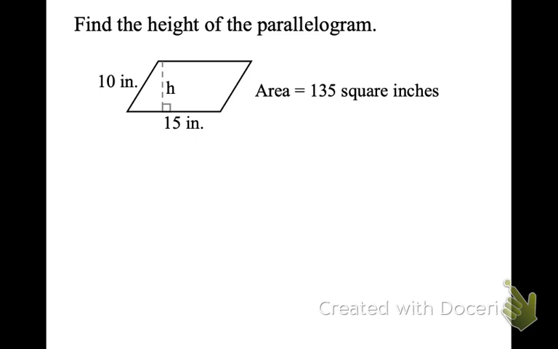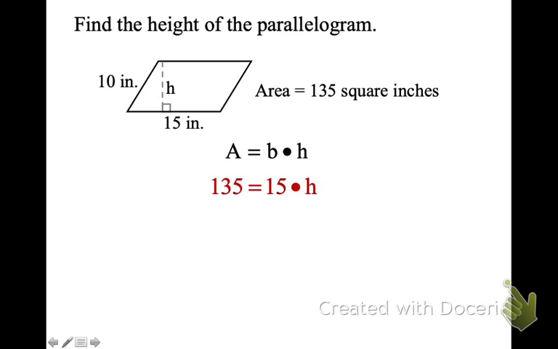All right, sometimes, look what they're doing. They're giving us a base. They're not giving us a height. They're throwing a trick in at you and giving you that slanted height of 10, that diagonal of 10. But what they are giving us is the area, so why don't we substitute in? If the area is 135 and we know the base, let's substitute in what we know. 135 equals 15 times h.